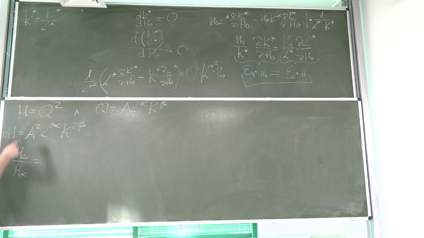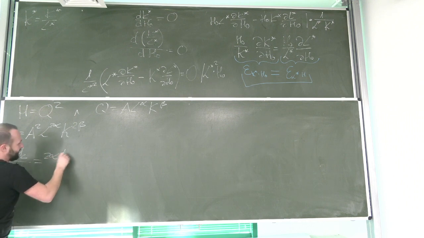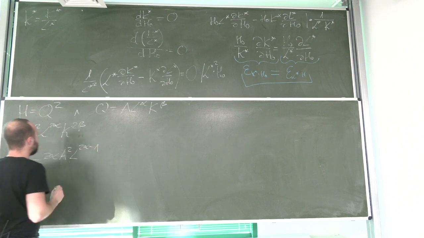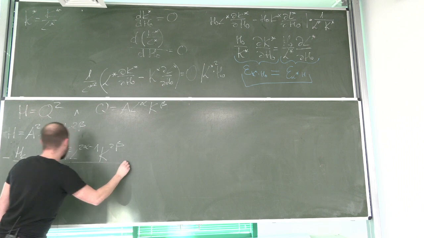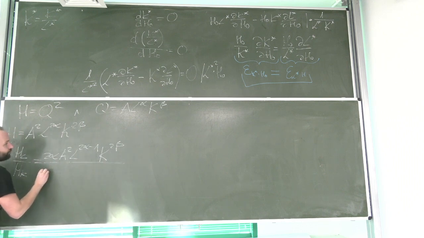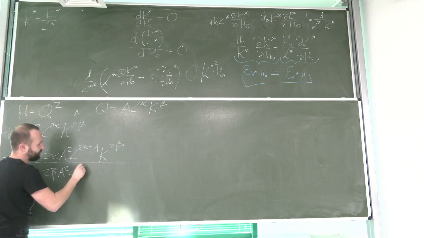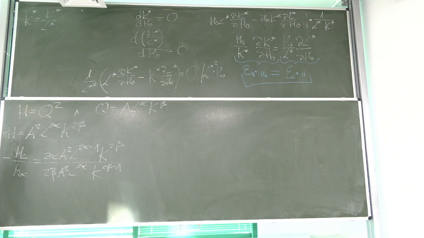Okay. So let's do it. So here the derivative is going to be 2 alpha A squared L to alpha minus 1 K to the power 2 beta divided by 2 beta A squared L to the power 2 alpha K to the power 2 beta minus 1.